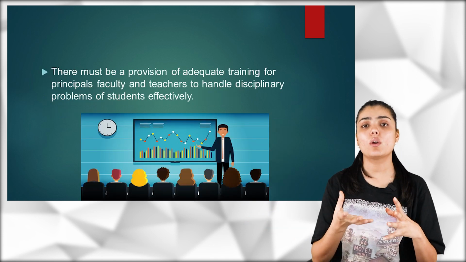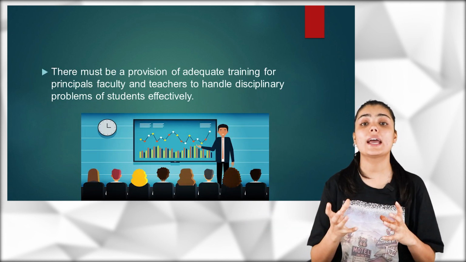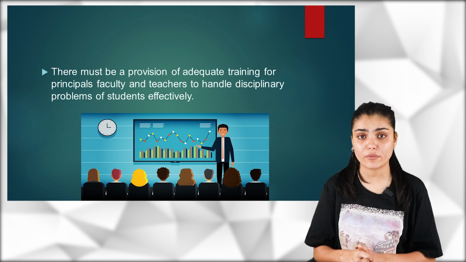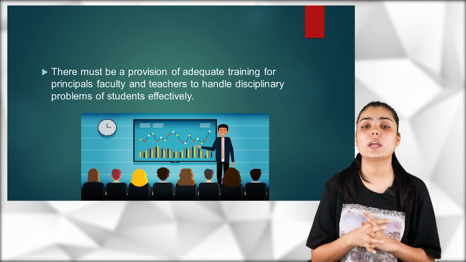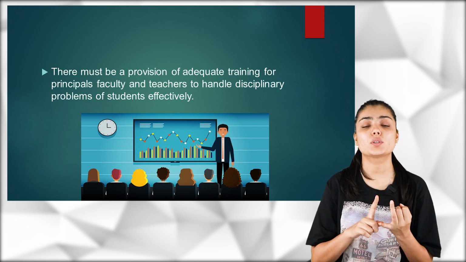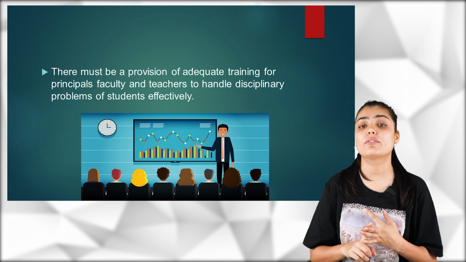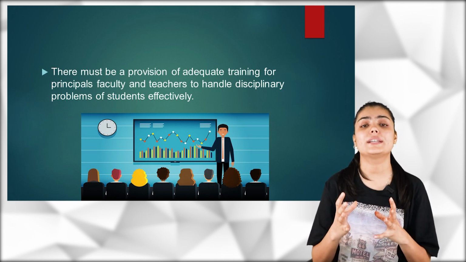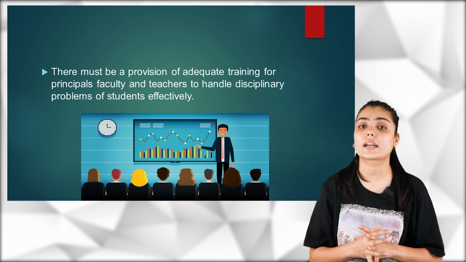So to make sure all those problems are avoided, adequate training to the faculties and the staffs must be provided within each and every organization. So we can provide training to the principals, to the faculties and every other staff within the organization on how to handle disciplinary problems within the organization.